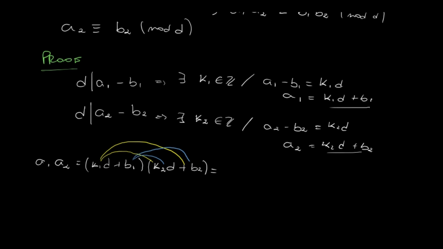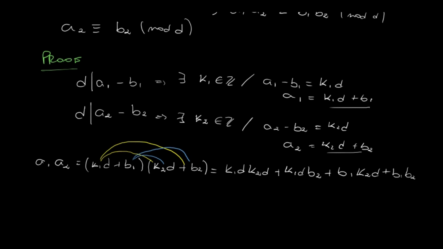So what we have is k1D times k2D plus k1D times B2 plus B1 times k2D plus B1 B2.